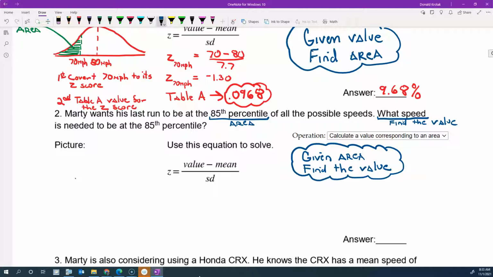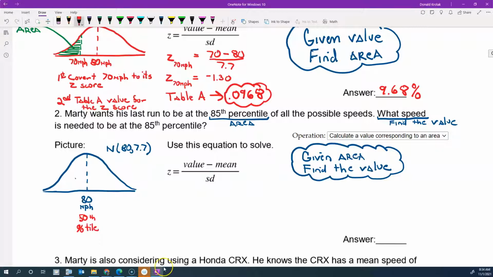All right, so you make a sketch. The mean, guys, this right here, the 80 miles per hour, that's the 50th percentile. So the 85th percentile is going to be over here somewhere.